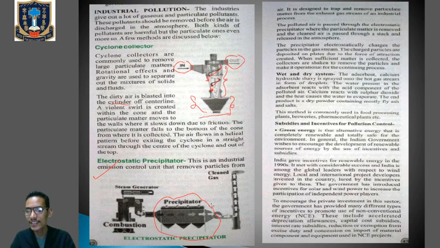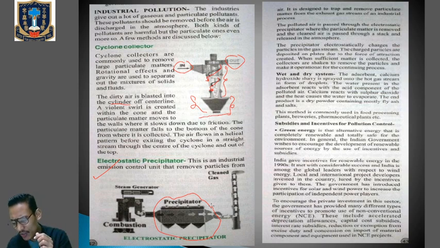The air that contains the particulate matter will pass through the precipitator, and from the precipitator the particulate matter will be removed and the clean air will be released out into the atmosphere. So this electrostatic precipitator will give a charge to the dust particles.